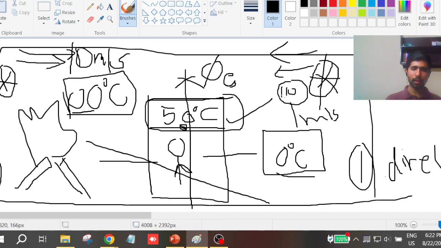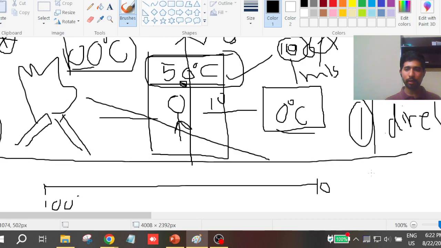Whereas if I blow the fan at 100 meter per second, there is a very large chance that this person will feel a temperature near 0 degree, it would be 10 or 20 degree or something like that. So it depends on the direction of the airflow and the magnitude of the airflow also.